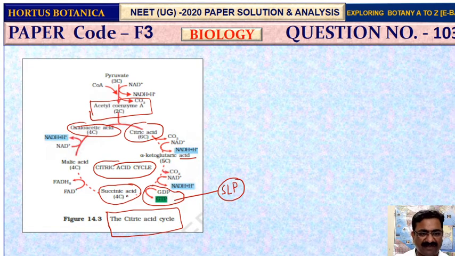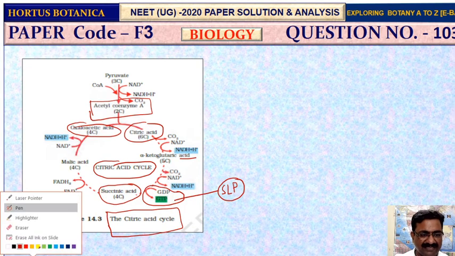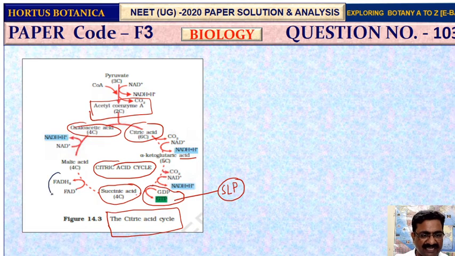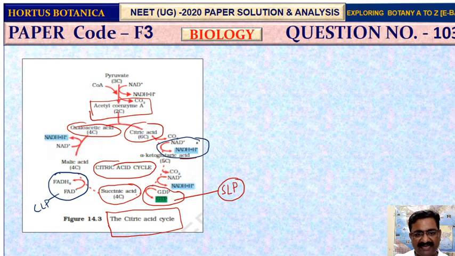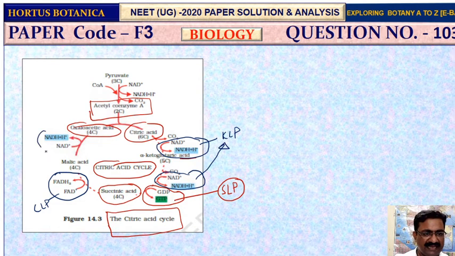See, this is the FADH2, this is chain level phosphorylation. This is again NADH2, this is chain level phosphorylation, NADH2 chain level phosphorylation.